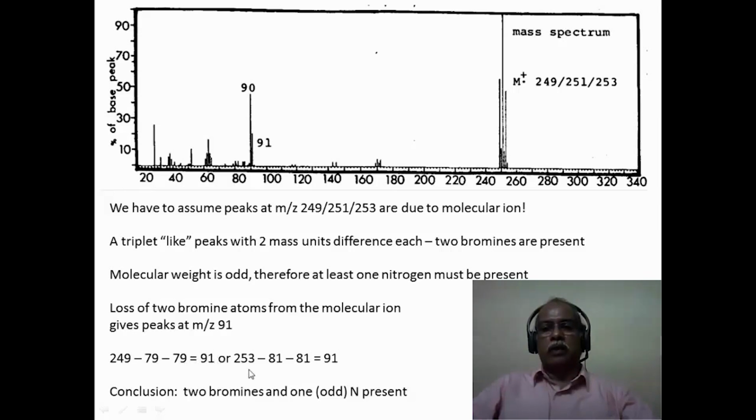In other words, 253 also can be taken. If you take 253, it will be loss of the 81 isotope of bromine, another 81 isotope of bromine, corresponding to 91. So the 91 peak seems to indicate that the fragmentation is by loss of the bromine. So we conclude from the mass spectrum that there are 2 bromine atoms and 1 or an odd number of nitrogen atoms present in this particular system.